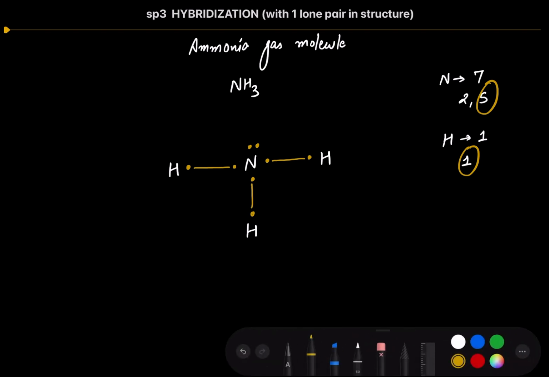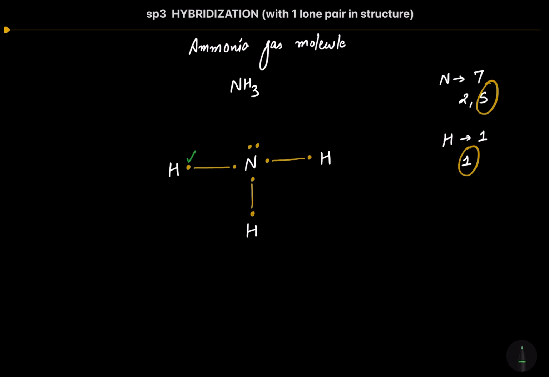Now let's count the number of valence electrons of hydrogen after the formation of the bond with nitrogen. I'm counting for the first hydrogen. That's the first electron and the second electron. So the first hydrogen has attained its duplet after the formation of a single bond with nitrogen.